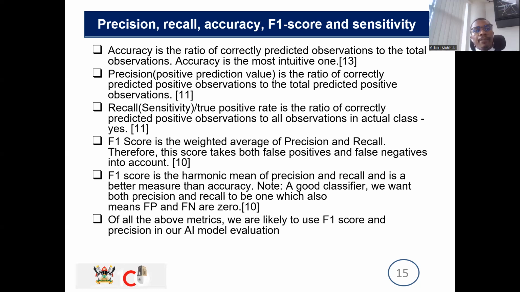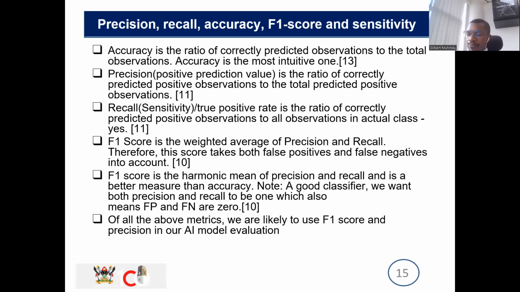The formula of accuracy is TP plus TN out of TP plus TN plus FN plus FP. And precision is the ratio of correctly predicted positive observations to total predicted positive observations.